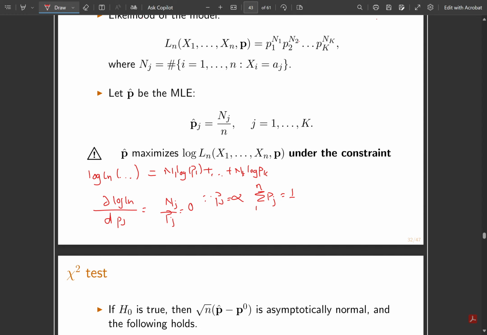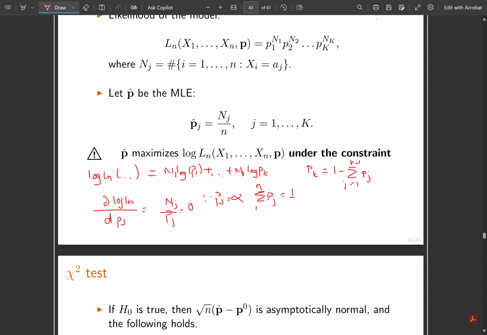Now, for the k term, for pk, we will say that it's not an independent value, but a value that is 1 minus the sum of all previous values, j equal to 1 to k minus 1, of pj.